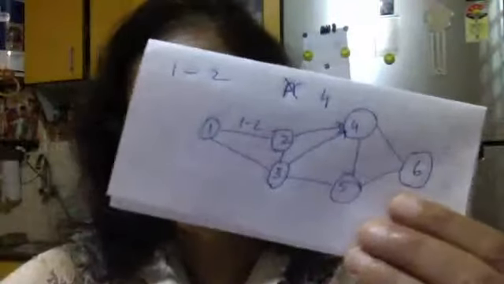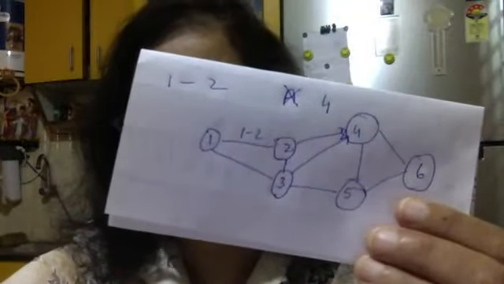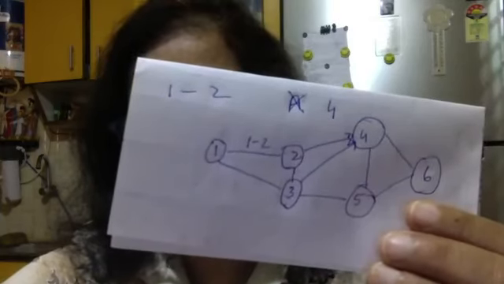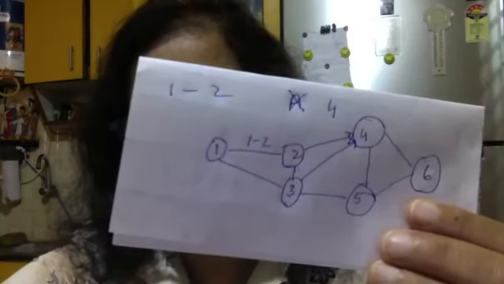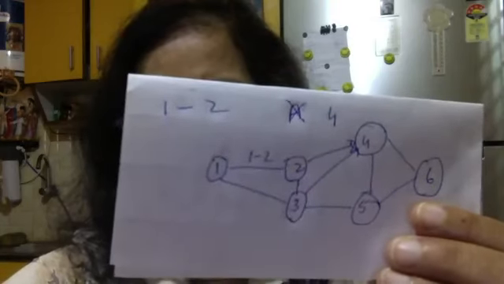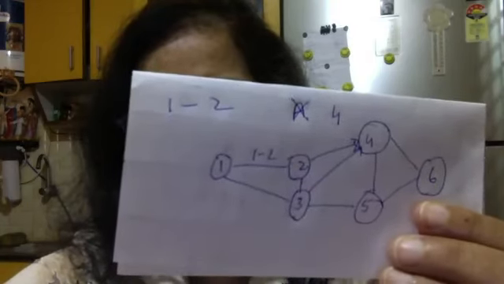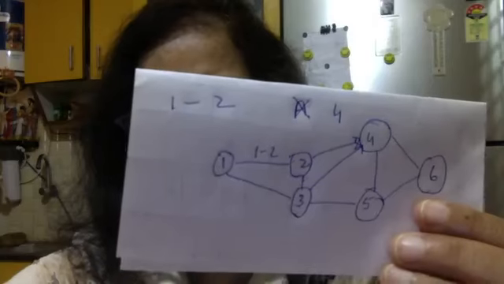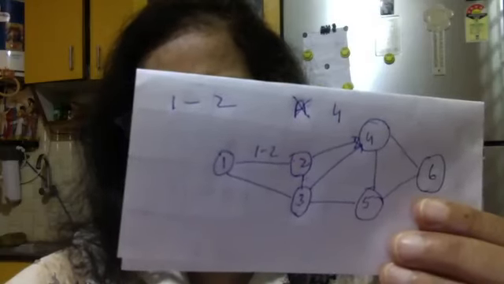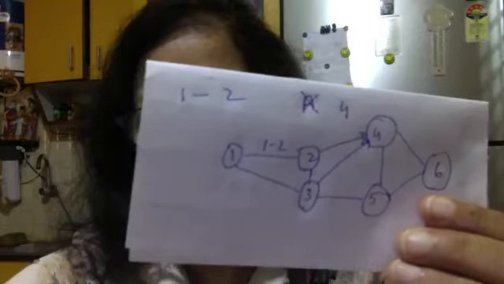Now, there is a CPM, meaning the critical path method. When I give you timing between 1 to 2, 2 to 3, etc., if you see this diagram, to go to 6, I can go through many ways. Please watch.